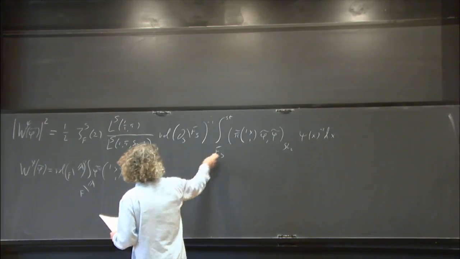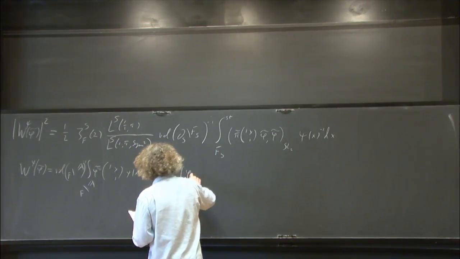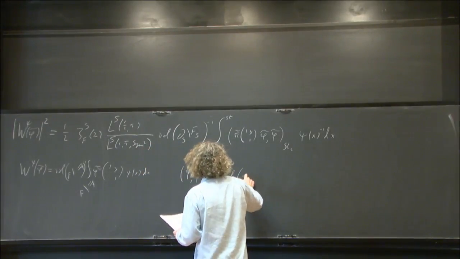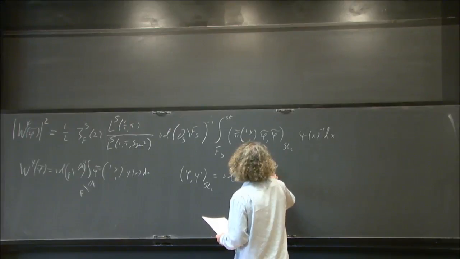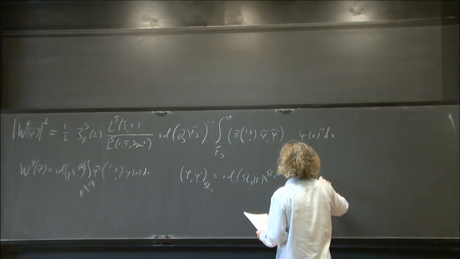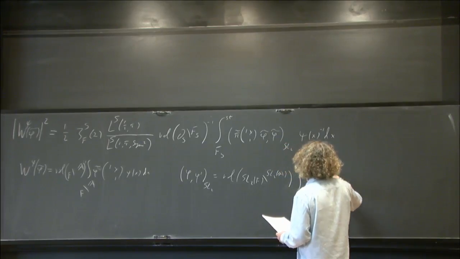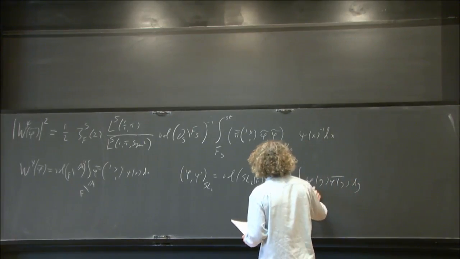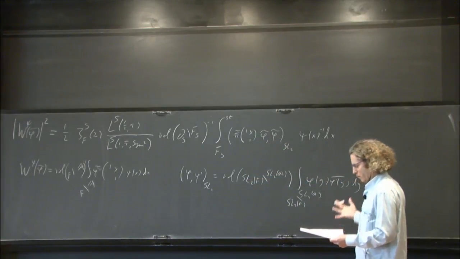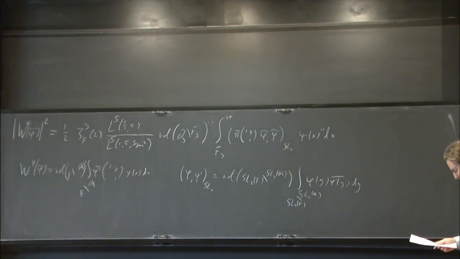And the Petersson inner product, again volume 1 normalized. These forms are on SL2 tilde, but the product is on SL2.